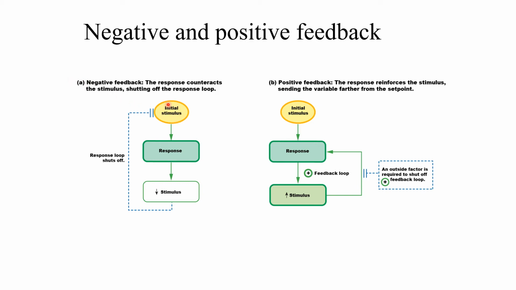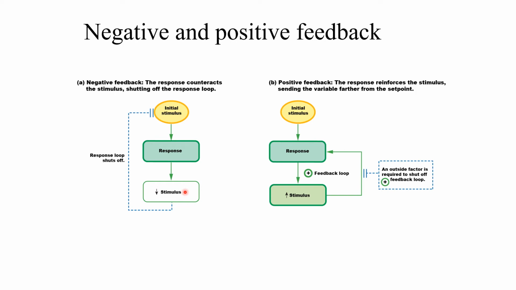What happens is you're first faced with a stimulus, which is basically a change. As I said, that change could either be external or internal. Once you're faced with that change, your body's going to sense it, and your body's going to start to respond to that change. Now, in a negative feedback loop, your body is going to try to decrease that change.